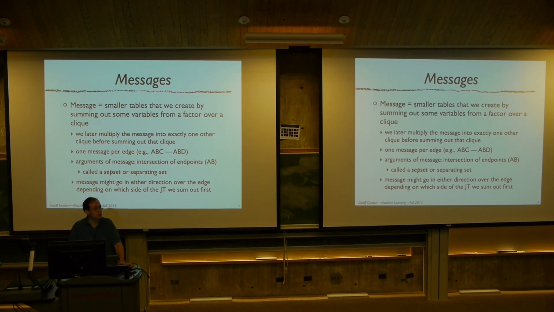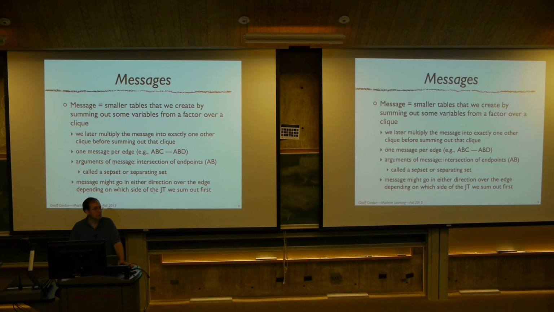What's the relationship between the message and the edge? Right. So the relationship between the message and the edge, I guess it's that there are two things. The edge tells you what the arguments of the message are going to be. It's going to be the separator set associated with that edge. And also, it tells you what you're going to do with that message later.